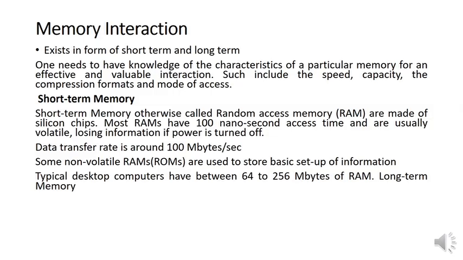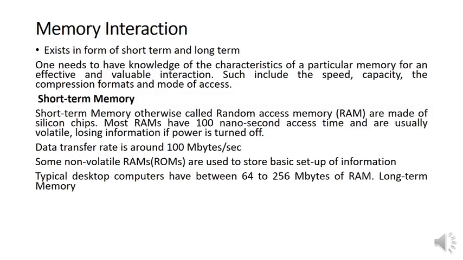Short-term memory, otherwise called random access memory, is made of silicon chips. Most RAMs have 100 nanoseconds access time and are usually volatile, losing information if power is turned off.